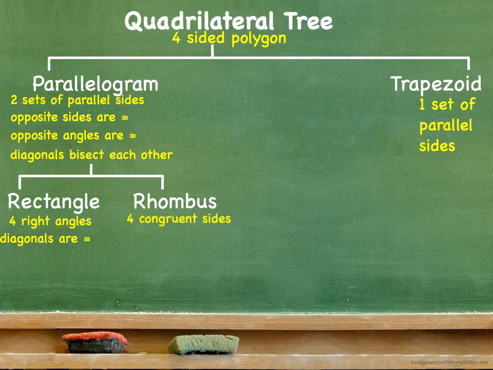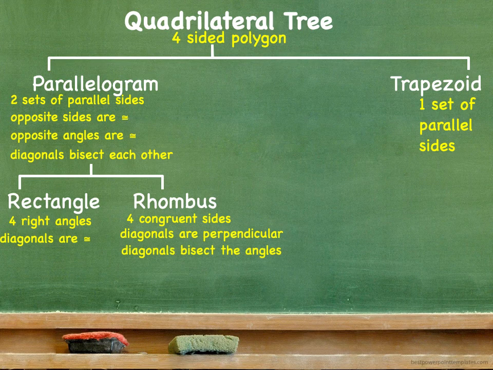A rhombus has four congruent sides. The diagonals are perpendicular. The diagonals bisect the angles. Under the rectangle and rhombus, we have a square. A square meets all of the qualifications above. A square has two sets of parallel sides. Opposite sides are congruent.